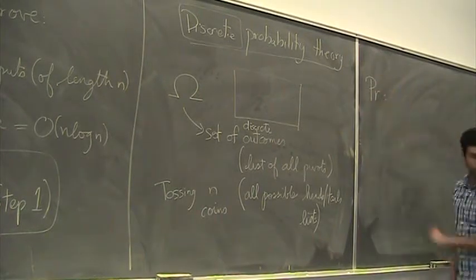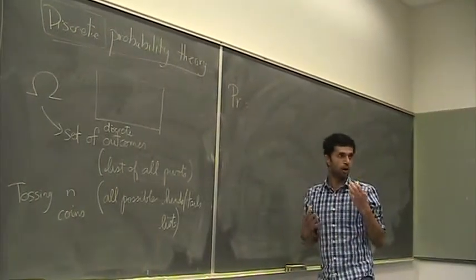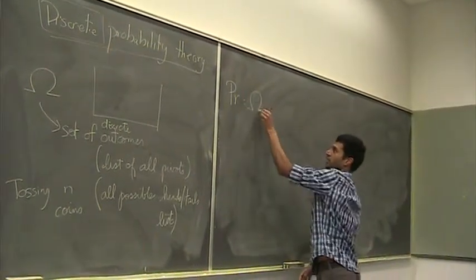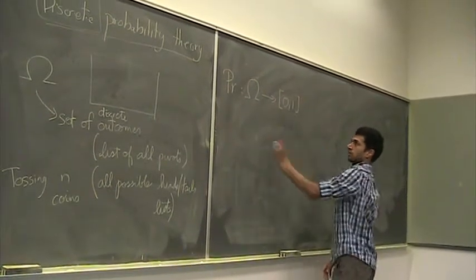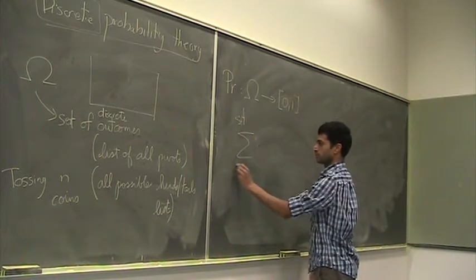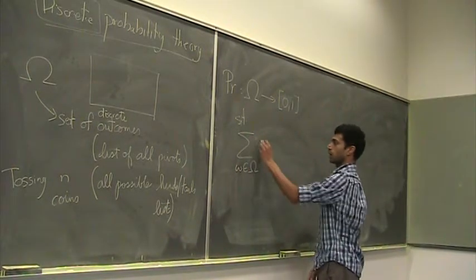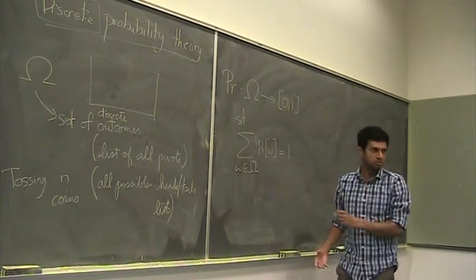When I say probability, you can actually think of probability as just a function such that the sum of all, if I summed over all outcomes, that's 1.